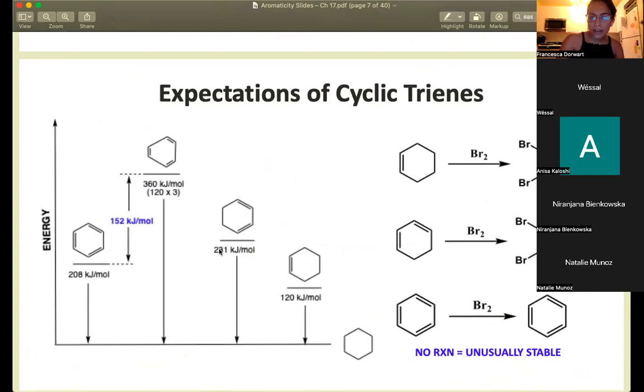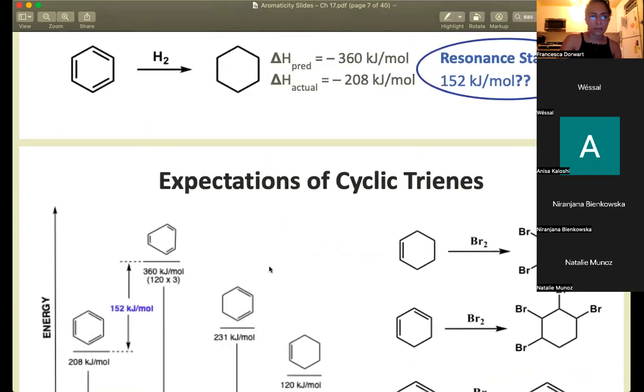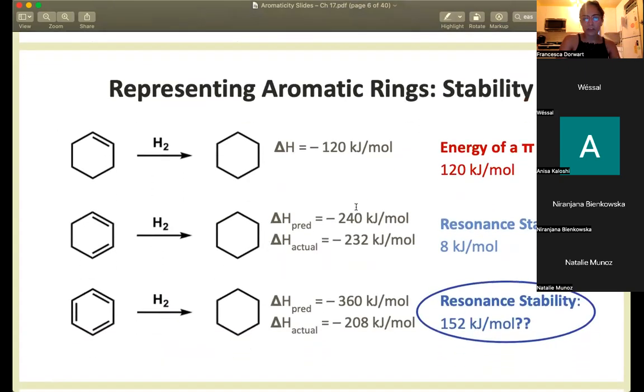Okay, the conjugation effect, if we're saying, for example, I think we had said, look, we could have predicted 120. And then if we just double it, because we're adding a second pi bond, that's 240. Okay, but then there's some stability that comes from it being in resonance. Okay, and so we see the actuals around 232, 231. And so resonance stability is around 8 kilojoules per mole. Okay, that's great. We see a little stability.